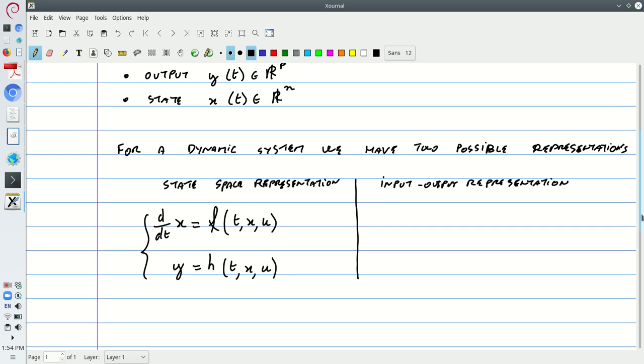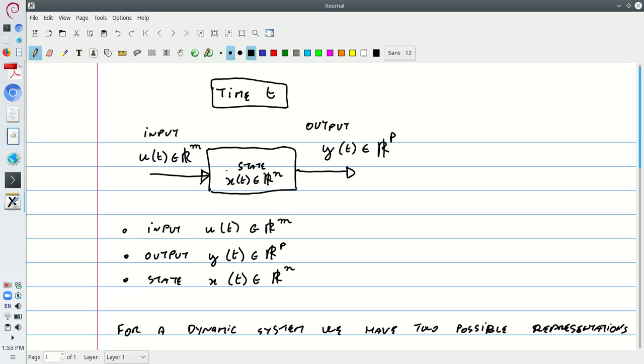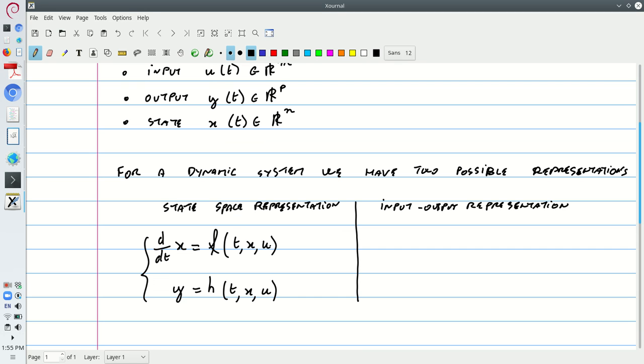The difference from the state space representation is that there is this auxiliary variable, let's call it auxiliary so far, that allows us to write this equation. The state represents what's happening inside the box, the mechanisms inside the box, and once we have solved for whatever happens inside the box because of the input, we know the state x, and this allows us to determine the output, again along with the input u.